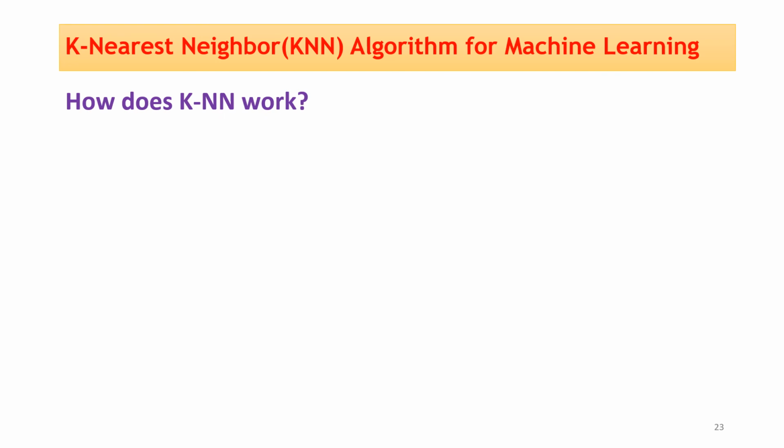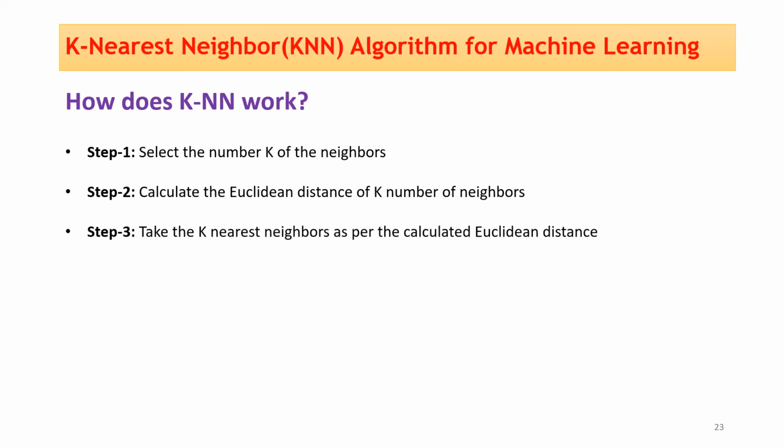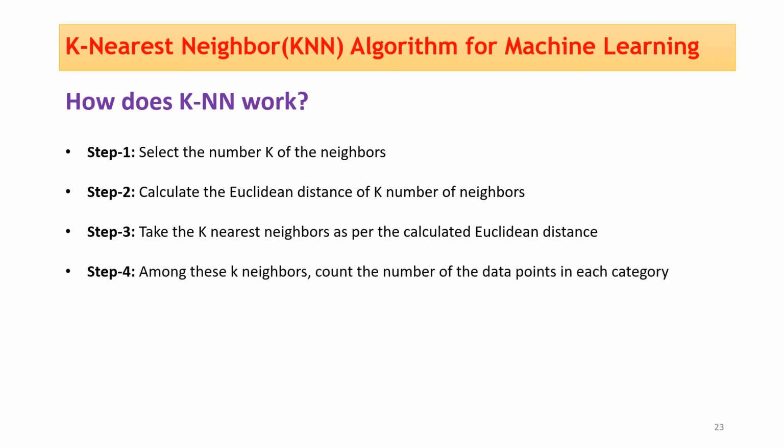Now how does KNN work? Step 1, first of all, select the number k of the neighbors. Step 2, calculate the Euclidean distance of the k number of neighbors. Step 3, take the k nearest neighbors as per the calculated Euclidean distance.